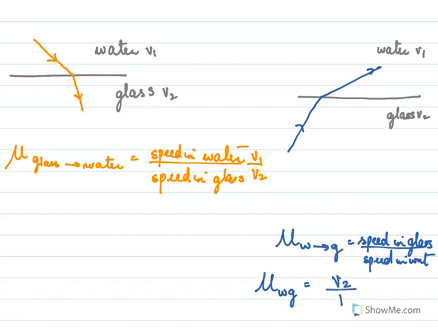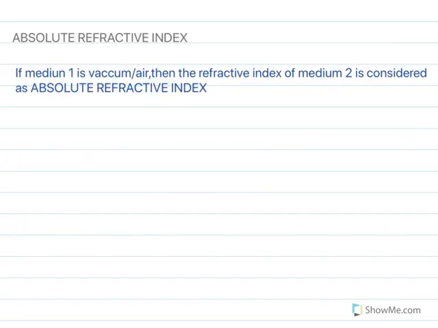If you observe this carefully, the refractive index of glass with respect to water will be equal to 1 over the refractive index of water with respect to glass, reciprocals of one another.